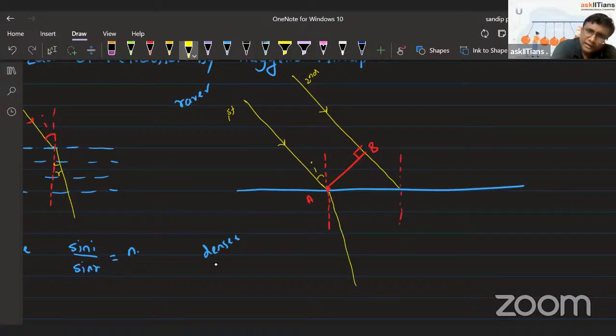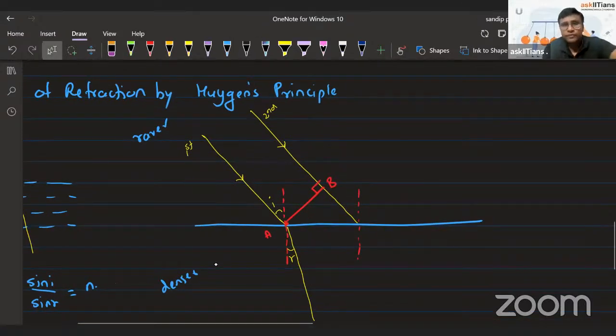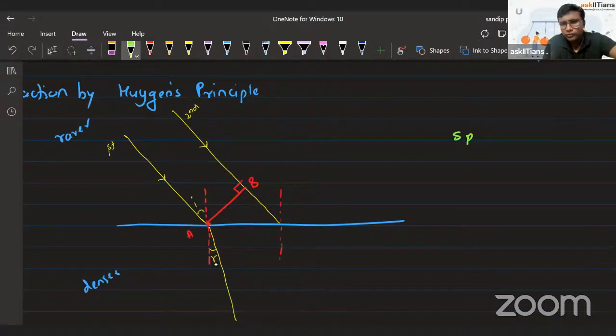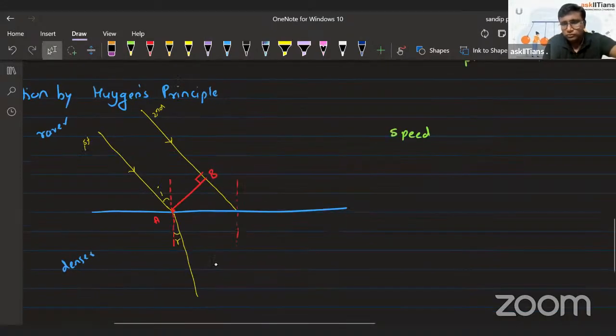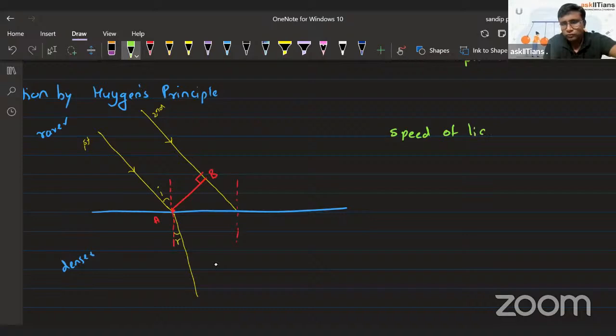So this is your angle R. Now suppose the first one is air. So speed of light in air is, let's say, c, and speed of light in the denser medium is, let's say, v.